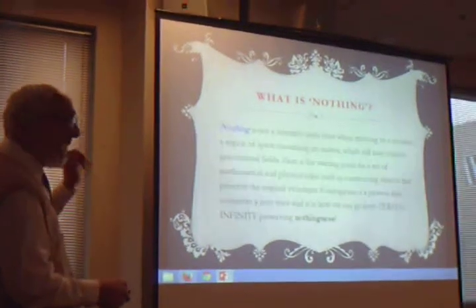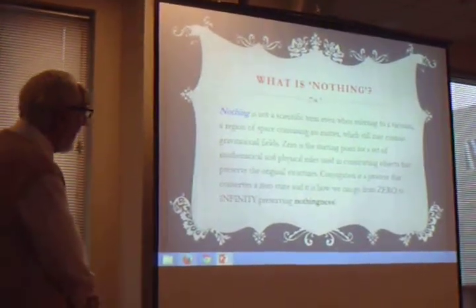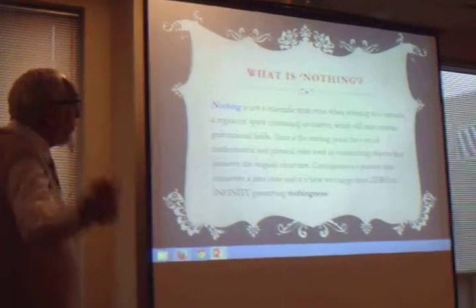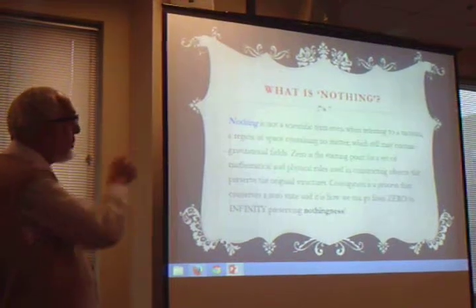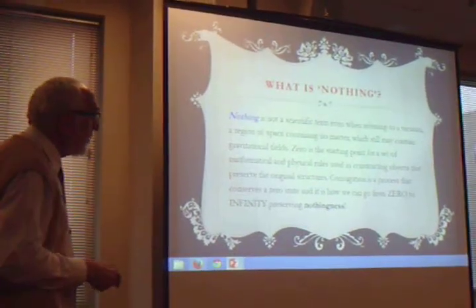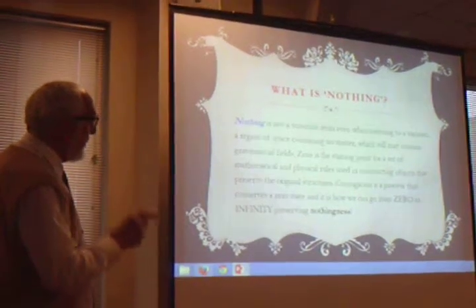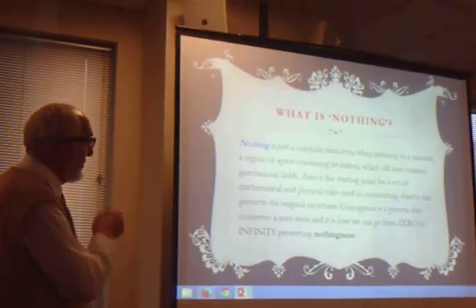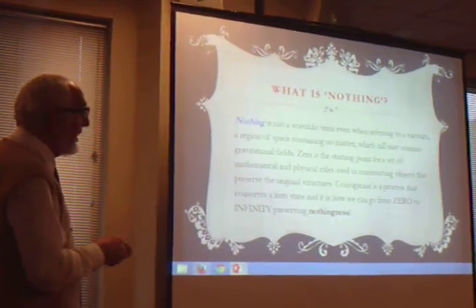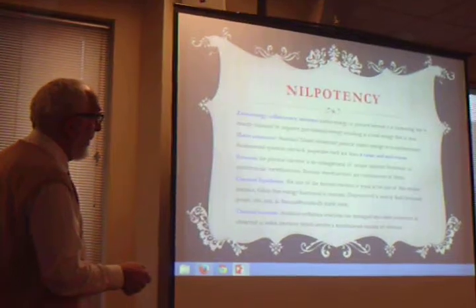So nothing is not a scientific term. We all know that. Even when referring to a vacuum, it's a region of space that has no matter, but it still can contain gravitational fields. Zero is the starting point for a set of mathematical and physical rules used in constructing objects that preserve the original structures. Conjugation is a process that conserves a zero state, and it is how we can go from 0 to infinity, preserving nothingness.